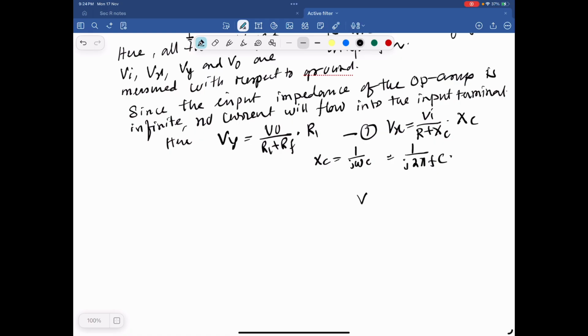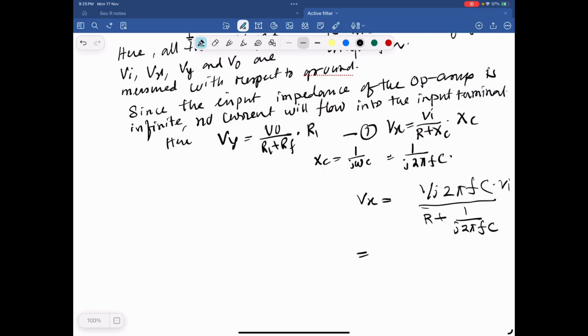So Vx is equal to 1 upon j twice pi fC into Vi divided by R plus 1 upon j twice pi fC.